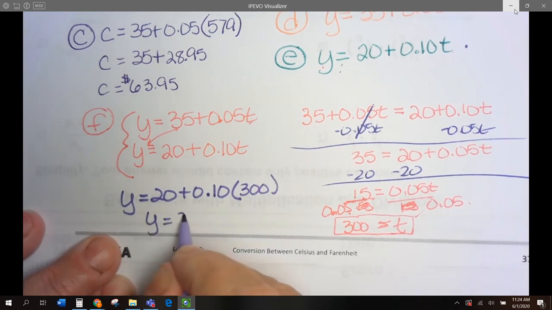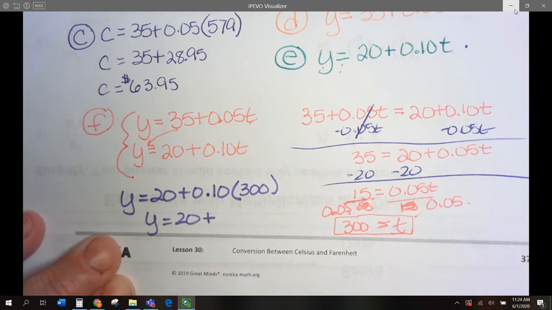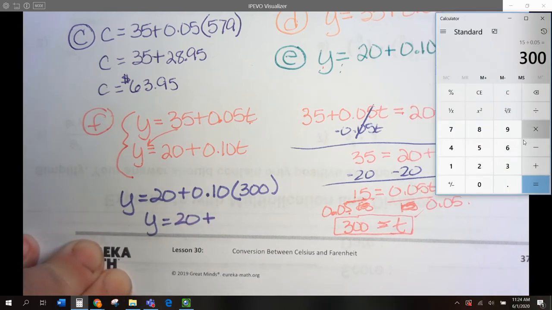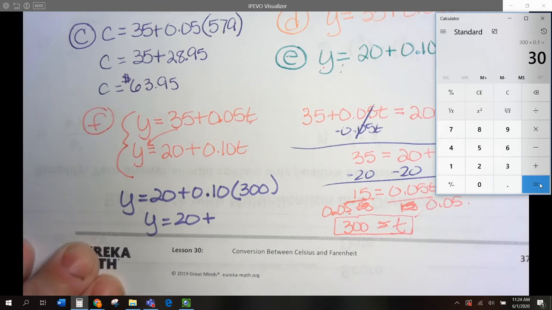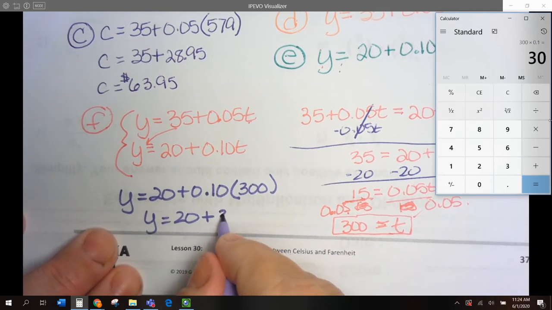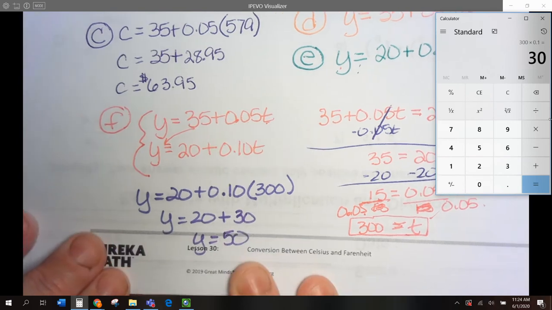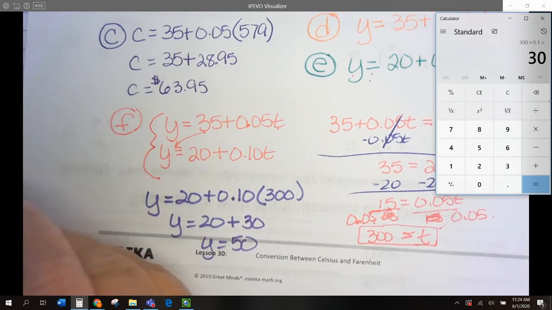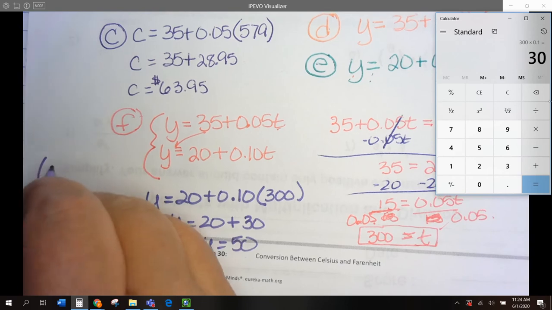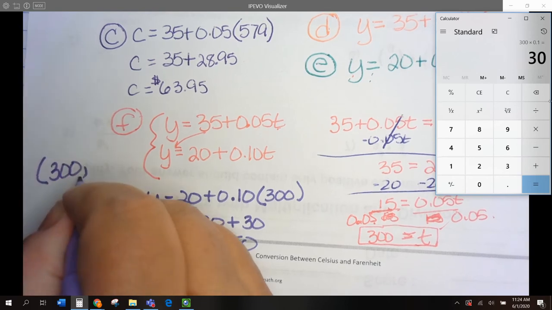So y equals 20 plus, I don't think we need a calculator for this, but just in case, 300 times 0.1 would be 30. So y is going to be 50. So our answer to the system of equations is t equals 300, and our total cost y is 50.